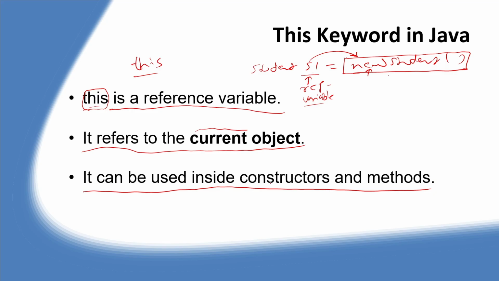So we can use the this keyword to refer to the current object inside a constructor as well as inside methods. Whenever an object calls a method or constructor, Java automatically provides a reference to that object using the this keyword.